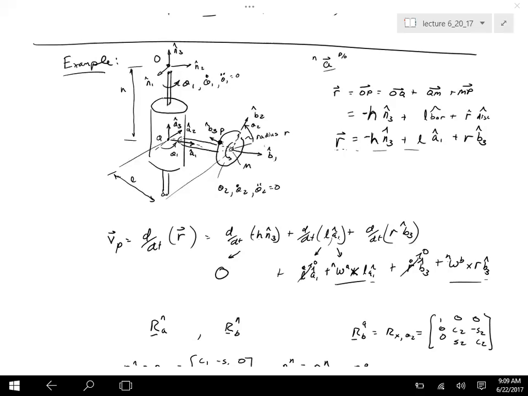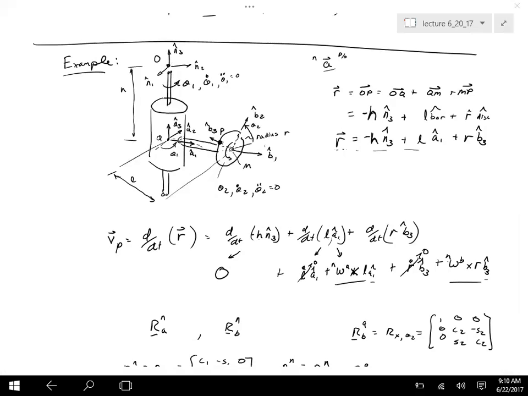In this example, I've got my inertial frame right up here, and that'll be attached to ground. Then I've got this big vertical cylinder. It's rotating relative to ground, so I've attached a frame to the cylinder. That's my A frame. I could have given another name.